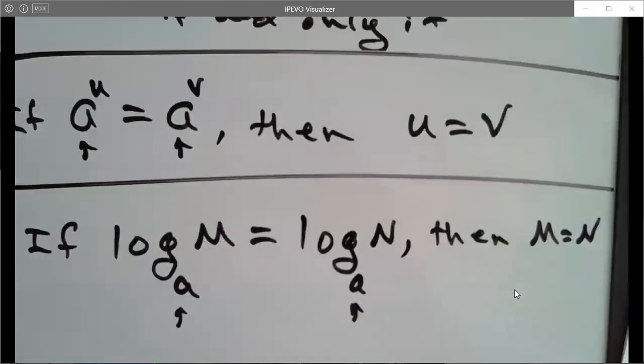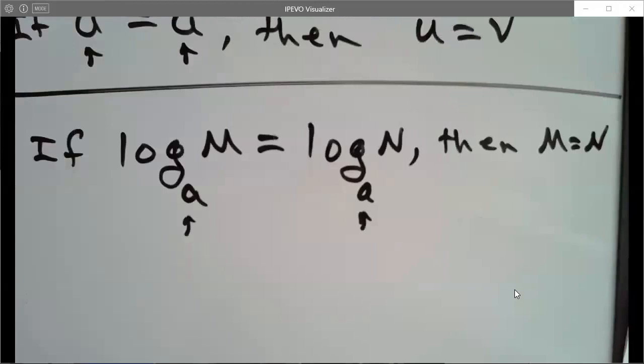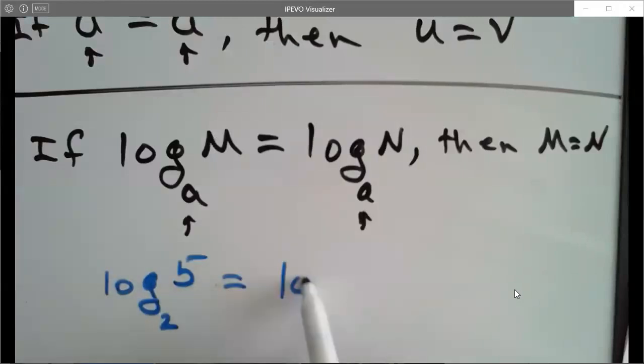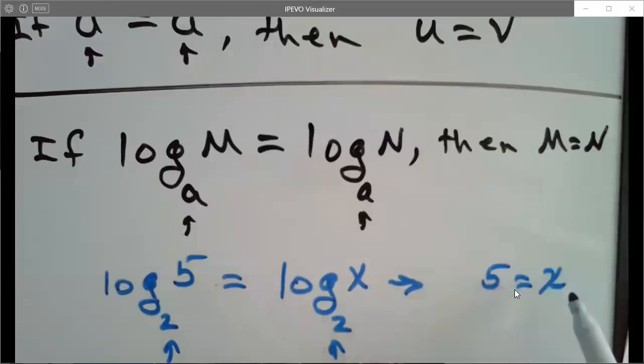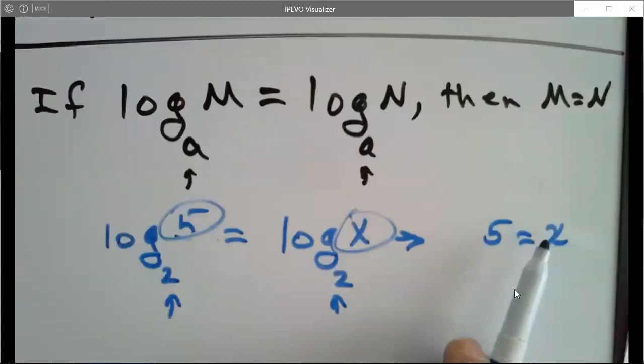So in other words, if we have an equation such as log 5 base 2 equals log x base 2, then since these bases are the same, we can set these two equal to each other. Okay? Questions with that?